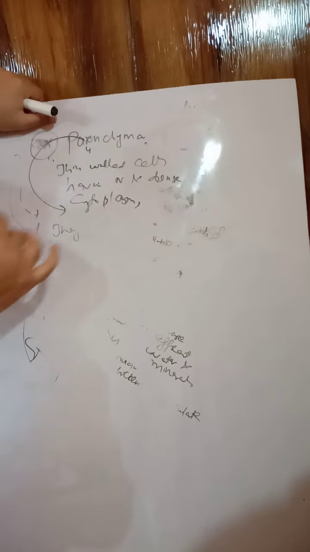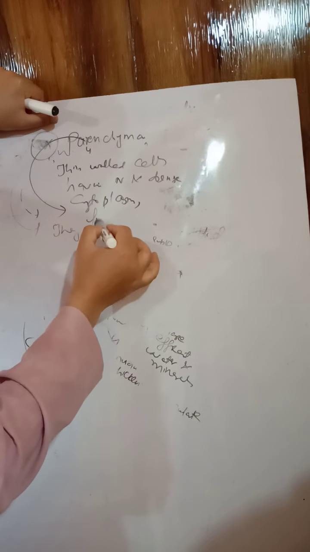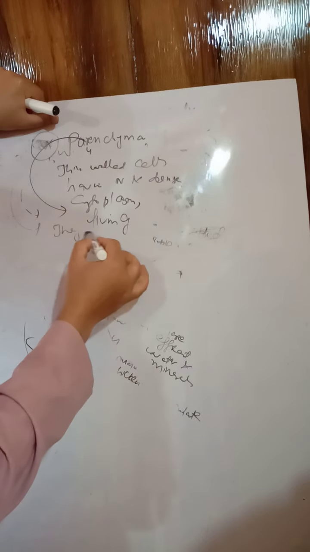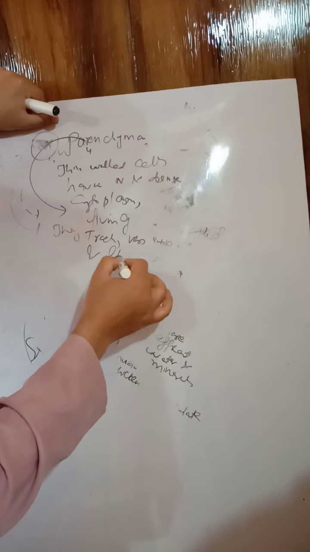These parenchyma are the only cells found in xylem which are living in nature. The rest, like tracheids, vessels and fibers, are dead in nature.